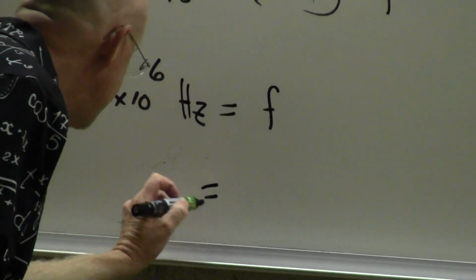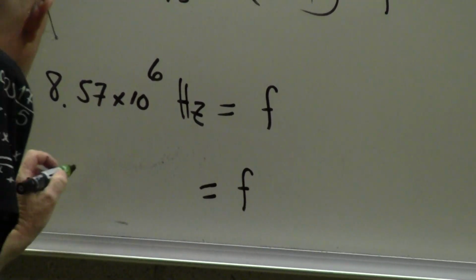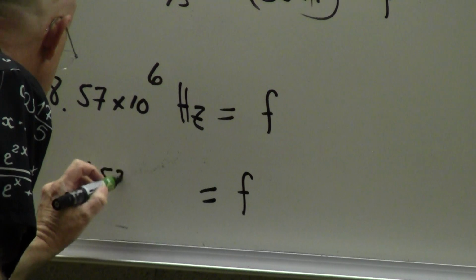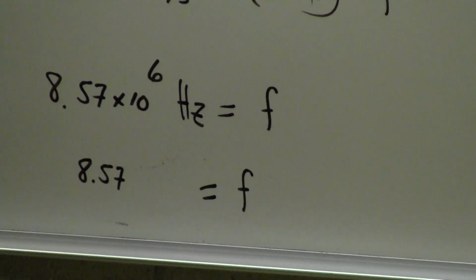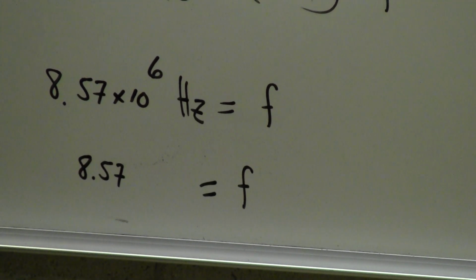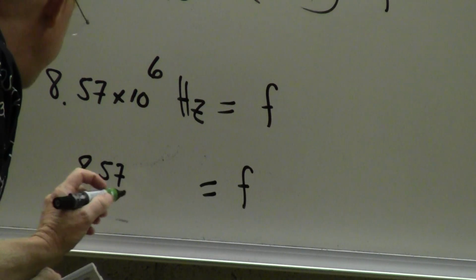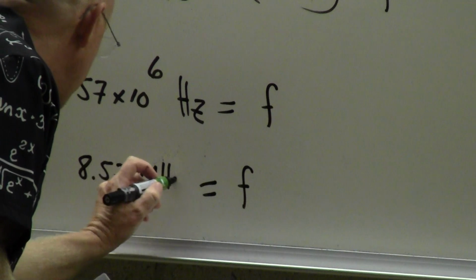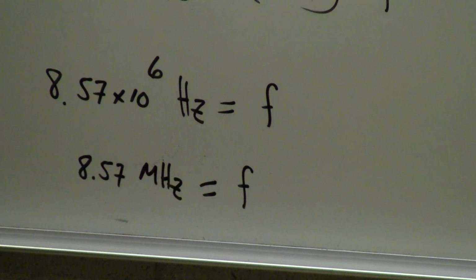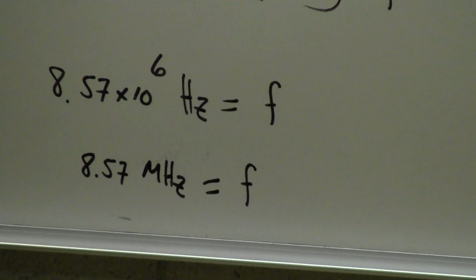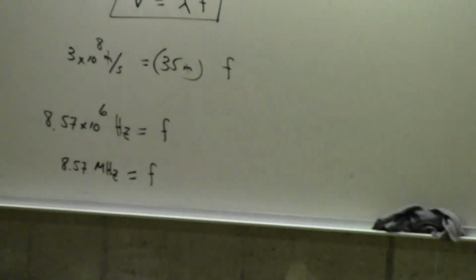I could even use the metric system here then and say these radio waves, that are communicating with Voyager out in deep space, communicating back to NASA, are at 8.57 megahertz. And so that's their radio wave communications.